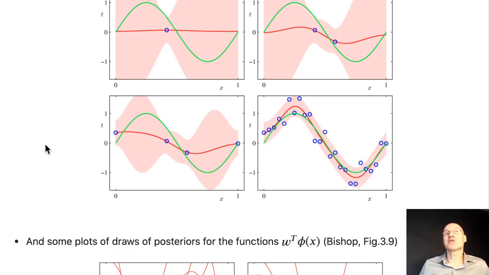And you also notice that when you draw some data, you are going to be more accurate around the areas where you drew the data, and less accurate where you haven't seen the data yet.